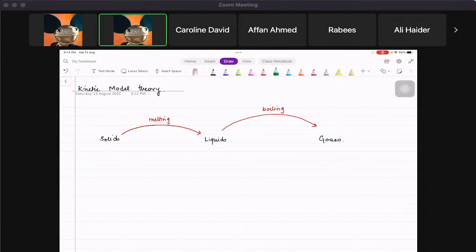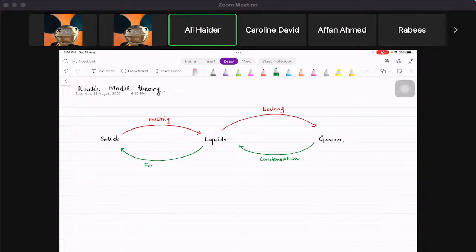On the other hand, if it goes from gas to a liquid, this is called condensation, and goes from liquid to solid, this is called freezing. Very good. You can also call it solidification, that's the same thing, right?